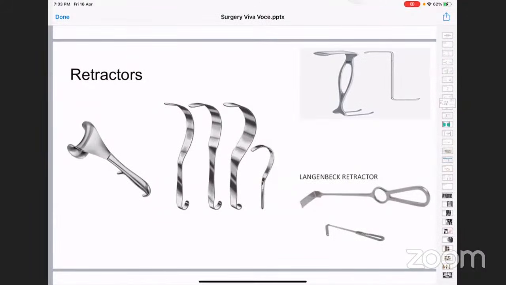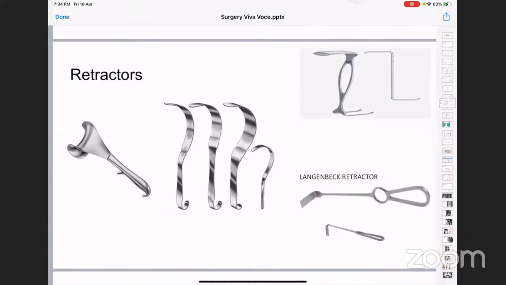Okay, so that is the Czerny retractor. And then we have something known as the Langenbeck retractor. So the Langenbeck retractor is more straightforward. It has a kind of angular, perpendicular sort of blade with a curving tip, and it has a ring and an oval fenestration at the handle.